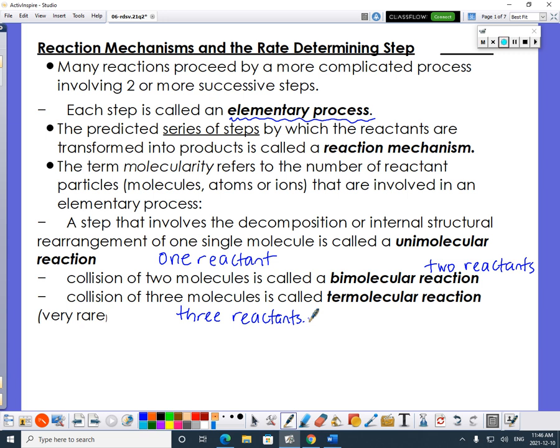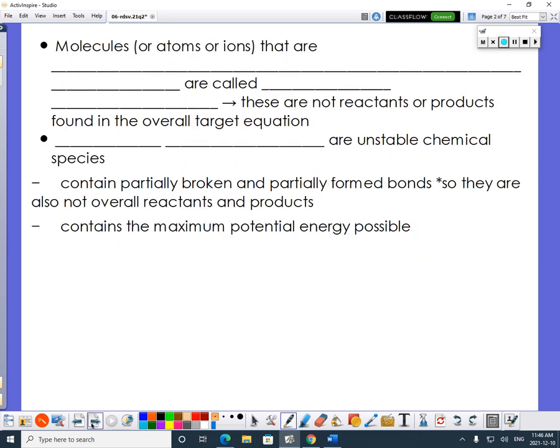We would prefer exothermic. Okay, so this is one of the criteria we're going to use.